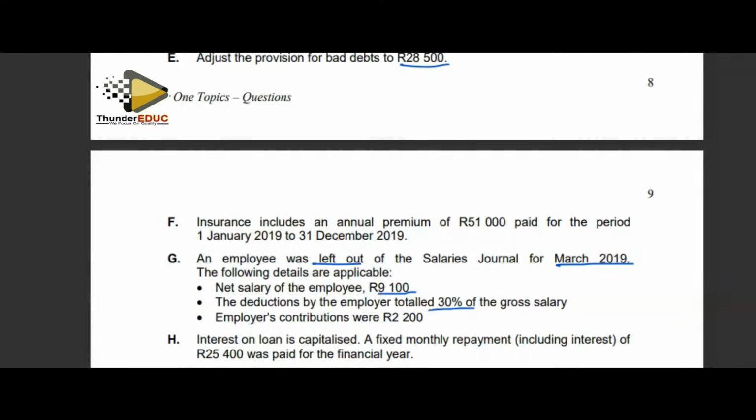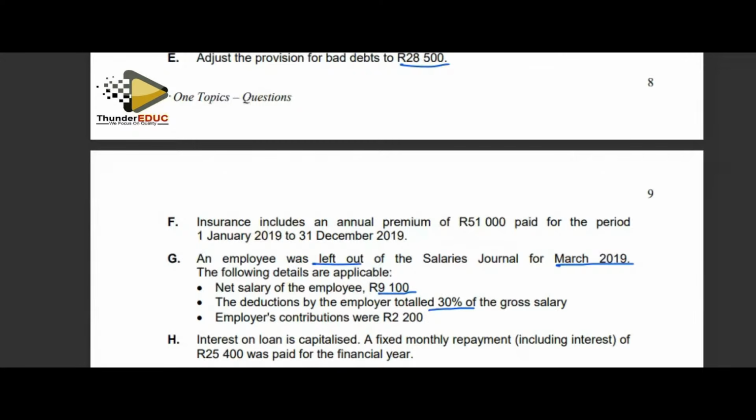So if I'm to calculate 30% of that, let me see. 130 over 100 times 9,100. 9,100 minus 1,100 to 730, then plus employer's contribution of what? 2,200.